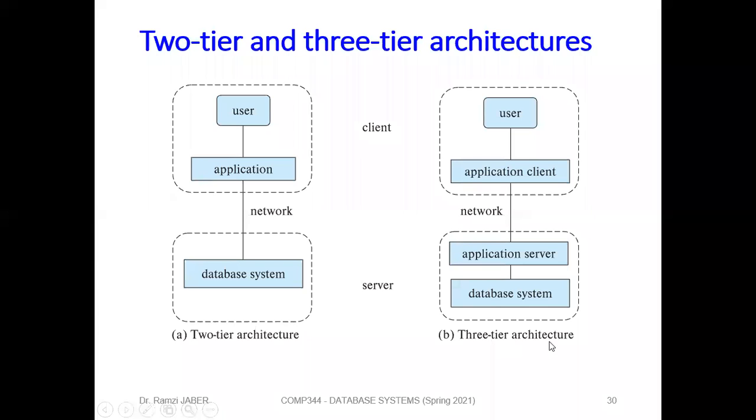Whereas in three-tier architecture, we have the user and the application client, for example PHP. When we want to call the database, SQL or MySQL, it must have a third server, an application server, called Apache. So this example is for Microsoft Access, and this example is for PHP with the Apache engine to the database, or ASP.NET with IIS inside Microsoft.